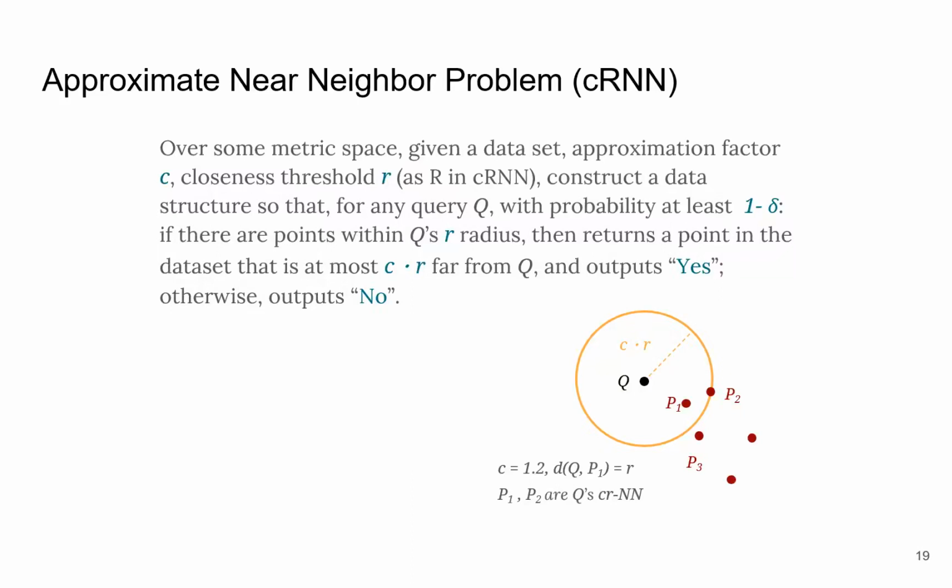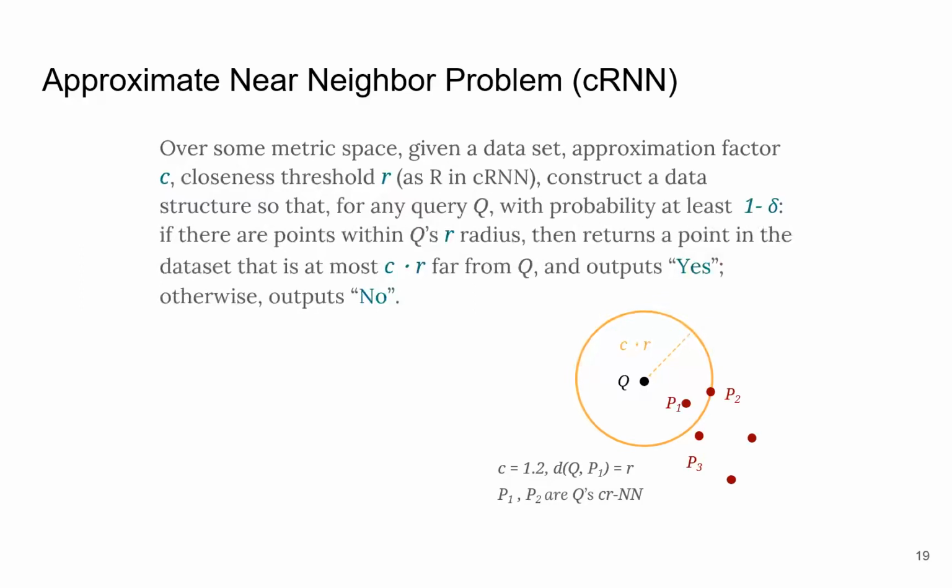Given a closeness threshold R and approximation factor C, can we construct a data structure so that for any query Q, with probability at least 1 minus delta, if there are points within Q's R radius, it returns a point in the dataset that is at most C times R far away from Q and outputs yes? Otherwise, it outputs no.